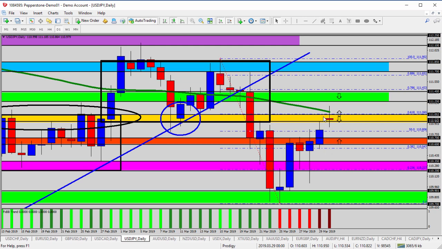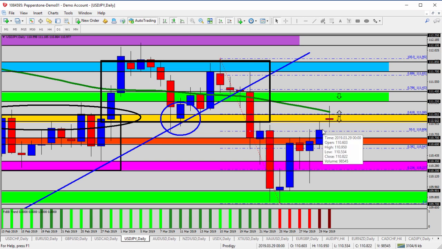That's even more interesting, because the 618 sits at 111.06, top of the yellow zone. Just dropping it a little bit to the last high, to the last low, we see it sitting right here, 111.06, top of the yellow zone. So again, it solidifies this yellow zone as a major decision zone. Either it breaks it and goes higher, or bounces off it and goes lower for the day.